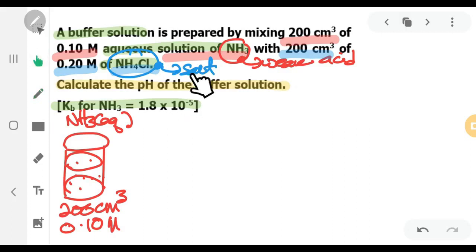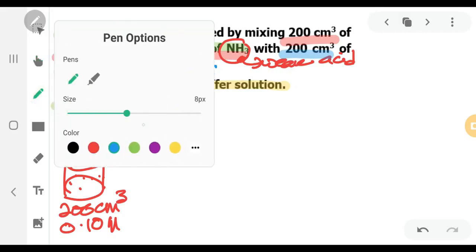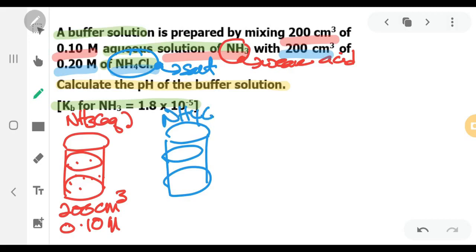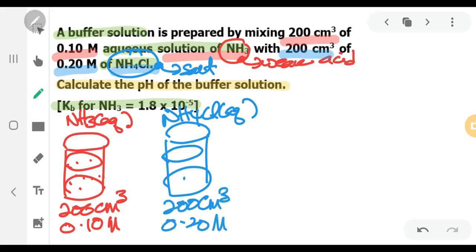The salt right now is in the form of liquid because you have a volume and concentration. If the salt is given in the form of mass, the salt will be in solid form. So we have the salt solution here, which is NH4Cl aqueous, 200 cubic centimeters with 0.20 molar.